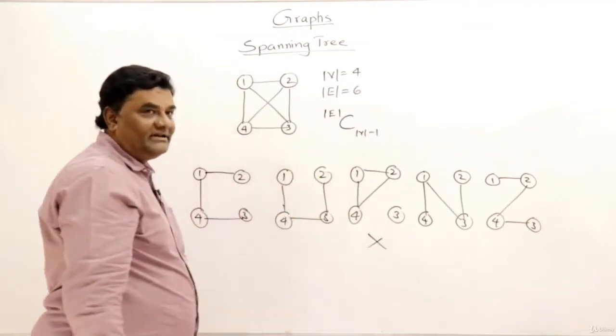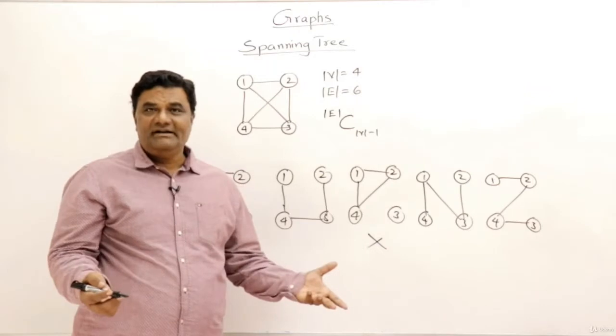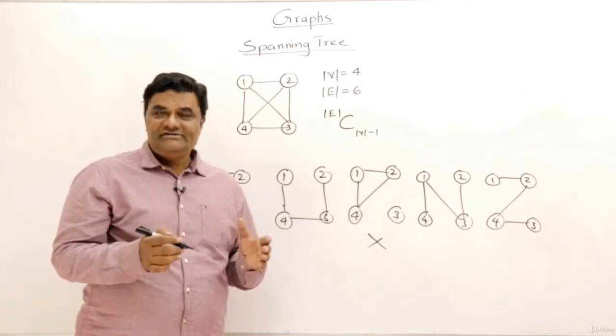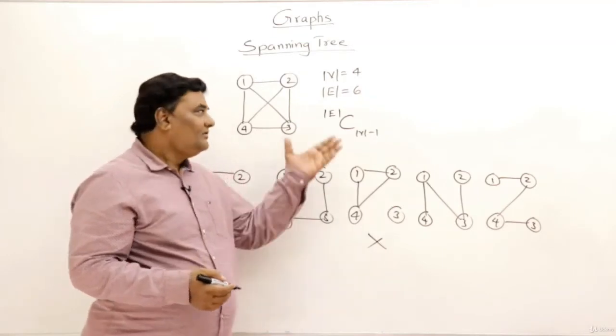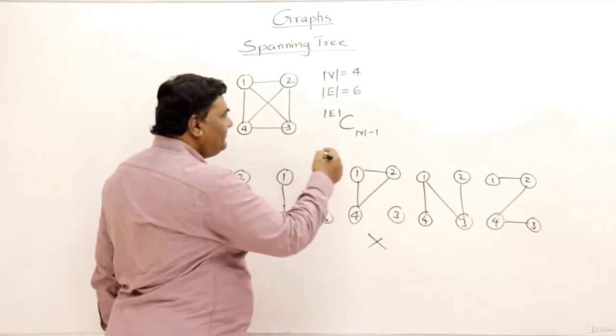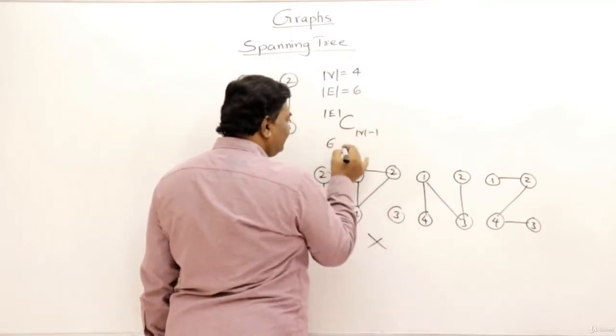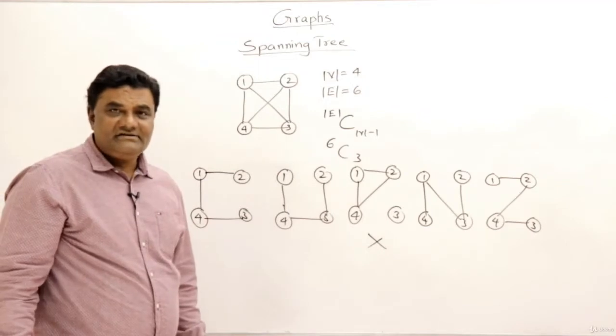In how many ways can I select? That many spanning trees are possible. Out of 6 edges, 3 edges can be selected in 6C3 ways. So for this example graph, it is 6C3 ways. With this I can get the answer.